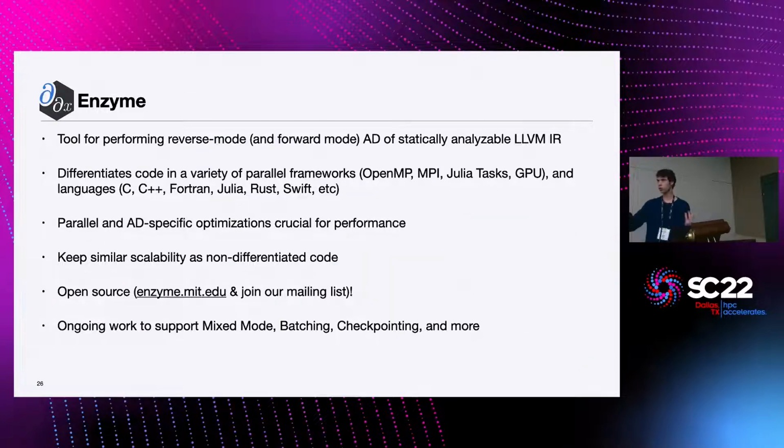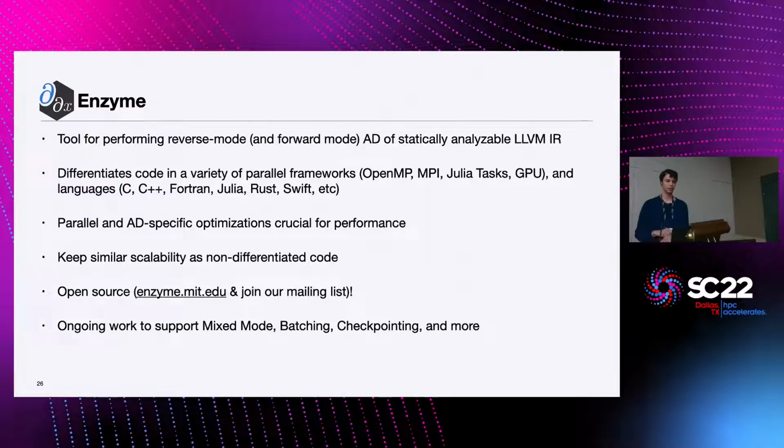Now, overall, Enzyme is a bunch of things. Enzyme in particular is a tool for performing both reverse mode and, something I didn't talk about here, forward mode automatic differentiation of programs written in LLVM IR. In the context of this presentation, it enables you to differentiate programs written in a variety of parallel frameworks like OpenMP, MPI, Julia tasks, etc., as well as those written in a variety of languages.